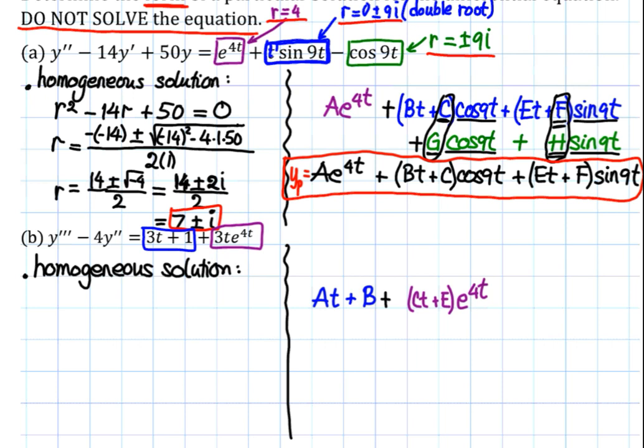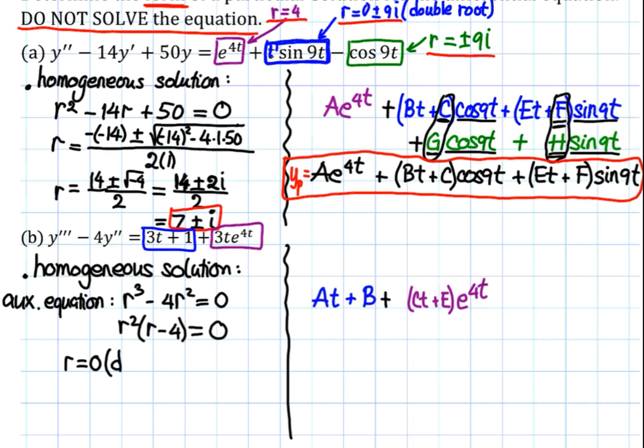Homogeneous solution. On the left hand side, the auxiliary equation corresponding to the homogeneous equation is r cubed minus 4r squared equal to 0. So with that, we can factor out r squared. So we have r equal to 0, and this is a double root, very important.